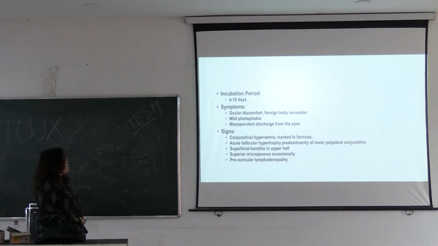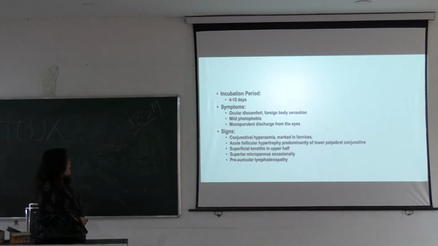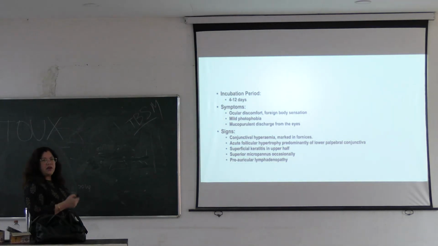Symptoms are only ocular discomfort, foreign body sensation, mild photophobia and mucopurulent discharge. Signs: conjunctival hyperemia, more marked in the fornix, and acute follicular hypertrophy, which is more common in the lower palpebral conjunctiva, but in trachoma the upper palpebral conjunctiva is involved. In superficial keratitis, the upper part of the cornea is involved, and superior micropannus is sometimes present, but pannus is more marked in trachoma.